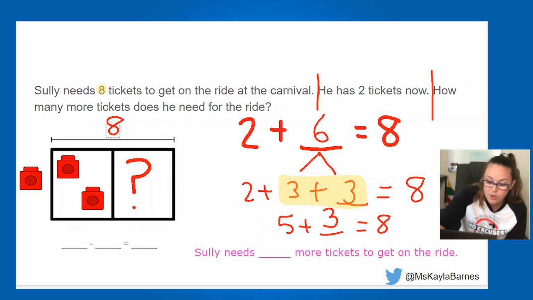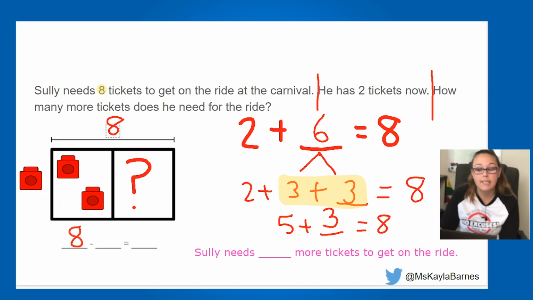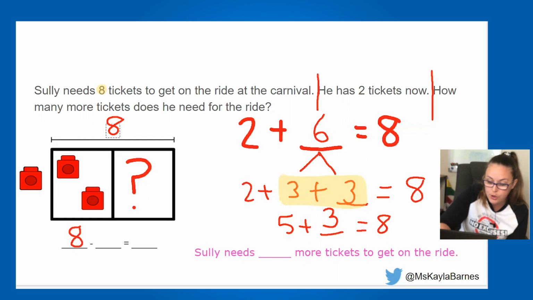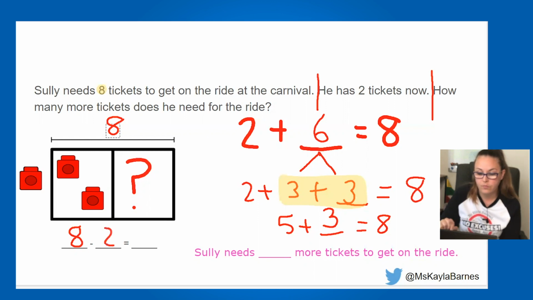That's correct, the total. So we're going to put 8 here because that's how many tickets Sully needs in order to get into the ride at the carnival. Then we need to subtract the part that we know he has. So going back to the problem, how many tickets does Sully have? That's right, Sully has 2 tickets.